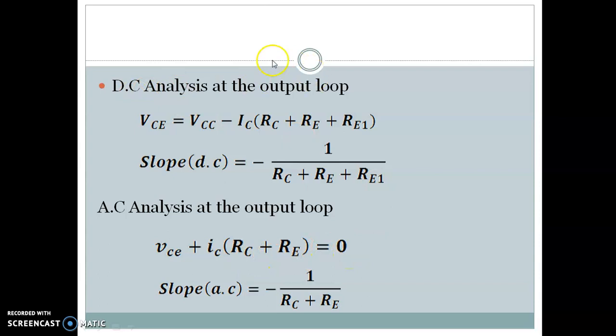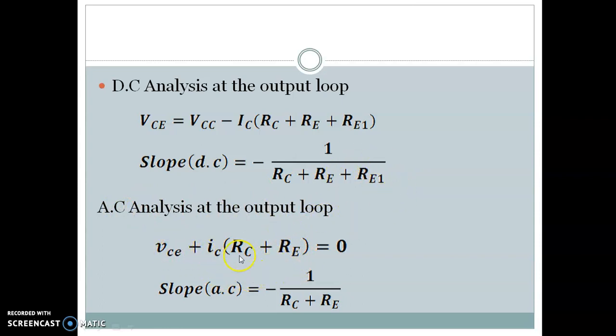If you would have done the DC analysis, then this would have been the slope. In case of your DC analysis, if you apply KVL to your output loop, your VCE would have been VCC minus IC into RC plus RE plus RE1. So the slope would have been minus 1 by RC plus RE plus RE1. But when you do the AC analysis at the output loop, there is no RE1 effect, only the RE effect is there.